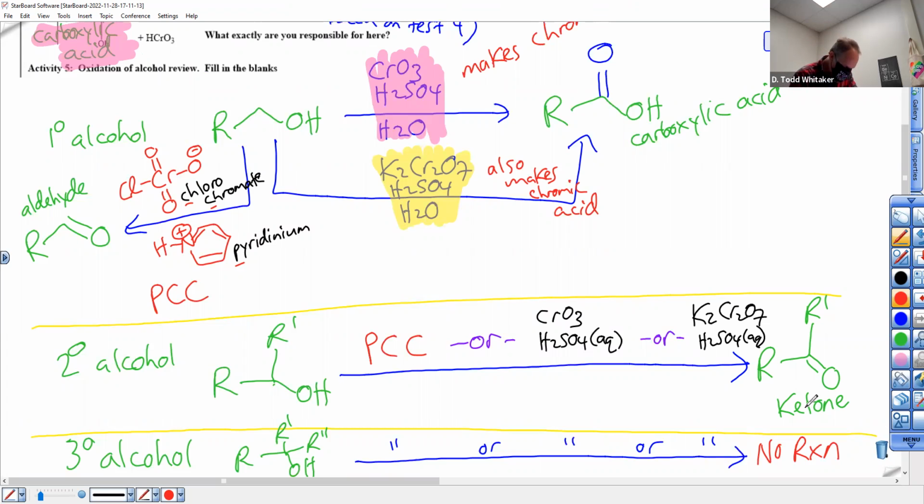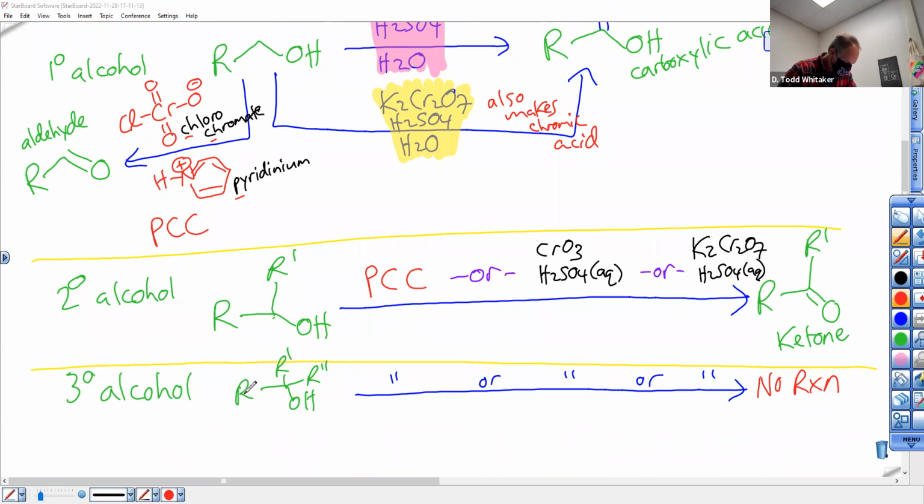How many H's are on this carbon right here? How many H's are on this carbon here? 2. How many new bonds to O did you get? 1, 2. How many H's are on this carbon here? 1. How many new bonds to O did you get? 1.